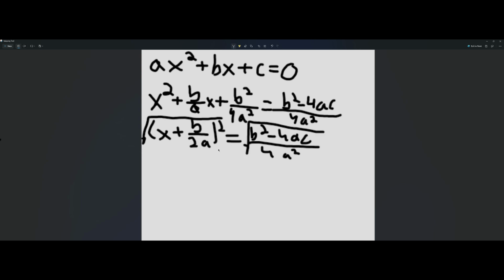And in this circumstance, when you square root both sides, this side will be plus or minus. So now we have x plus b over 2a is equal to plus or minus the square root of b squared minus 4ac over 4a squared.